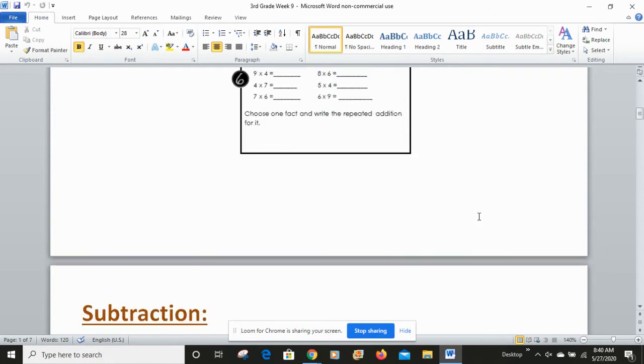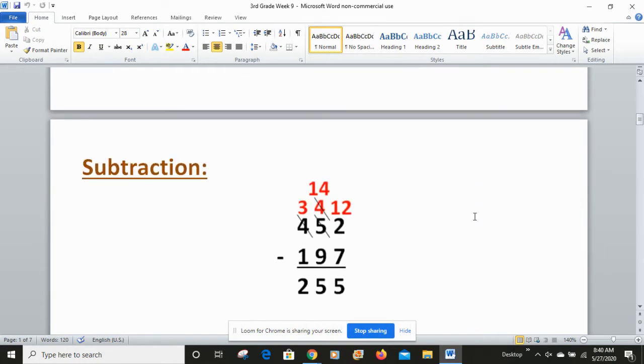So doing the basic subtraction that we practice a lot, we put the larger number above the smaller number, and we start in the ones column. And I always ask myself the question, if I have 2, can I take 7 away? And if the answer is yes, then subtract.